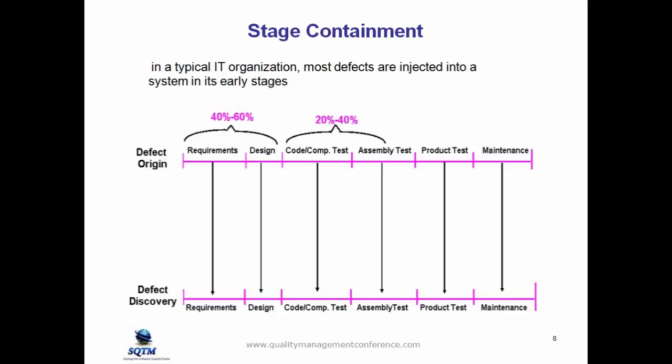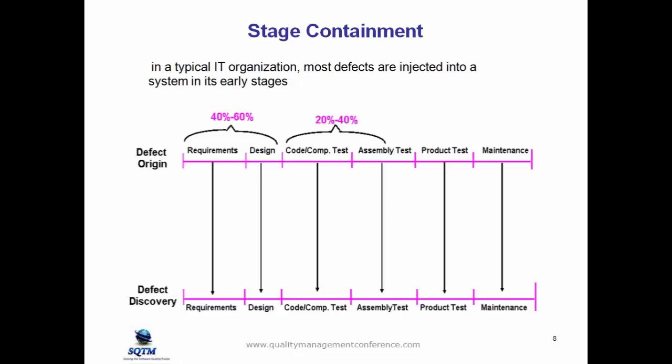This was the first place the defect got into the actual application. Defect discovery is the phase of the project where we actually found the defect, and there's a difference between the two.